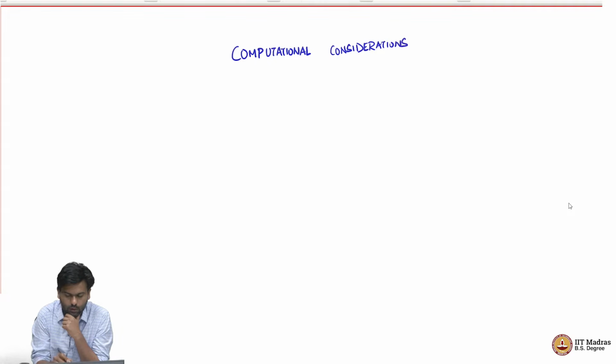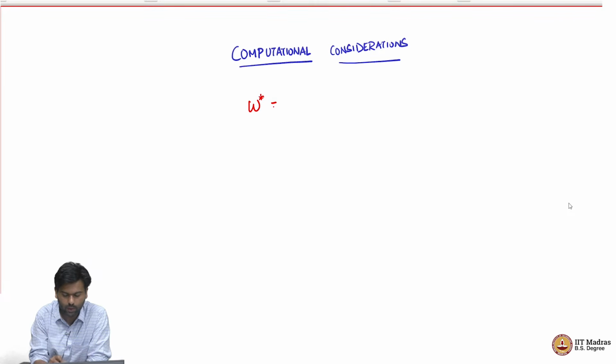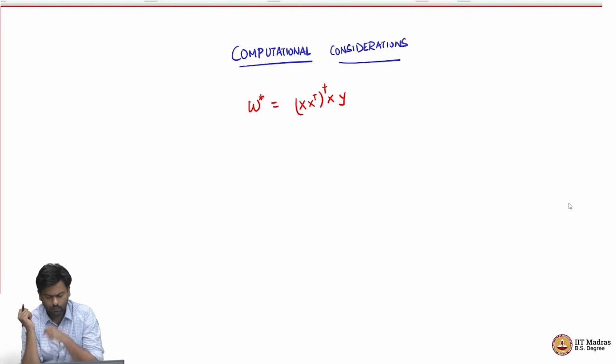One thing that is good about linear regression is that we have a closed form solution for the optimal W, which is of the form XX transpose pseudo inverse XY, right? It's a great thing that we can solve this as just an equation. Given data, I can just compute it, and then I get my W star, which I later use to make my predictions on test data.